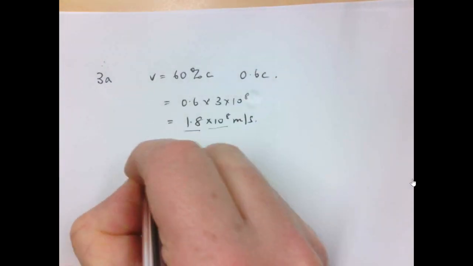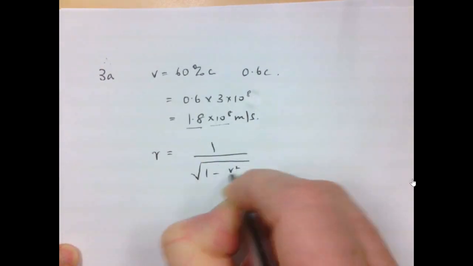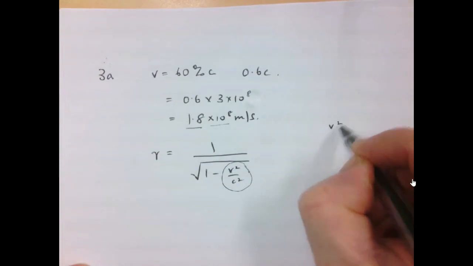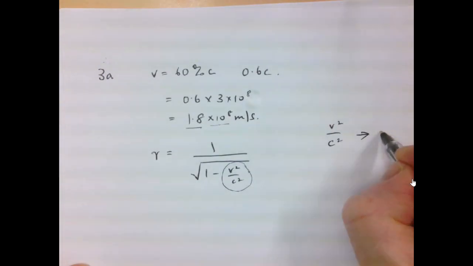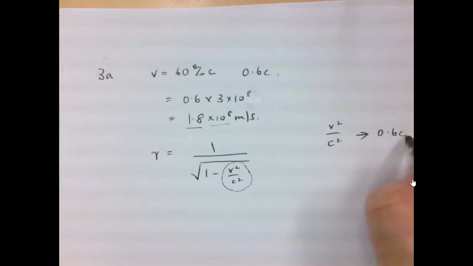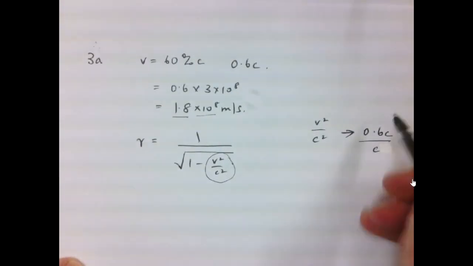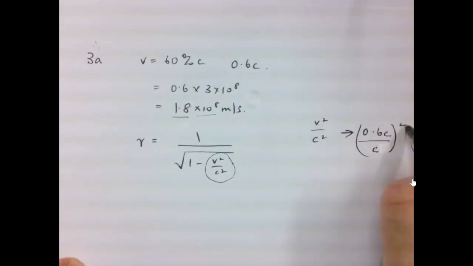The Lorentz factor, the gamma factor here, is 1 over the square root of 1 minus v squared on c squared. Now, this is so much easier to use if we replace v squared on c squared with the decimal of light. So in this case it's (0.6 c over c) squared. Sorry, I'll just remove that square there for a few seconds so it becomes much easier. So this is v on top, c on the bottom, and that's then squared.